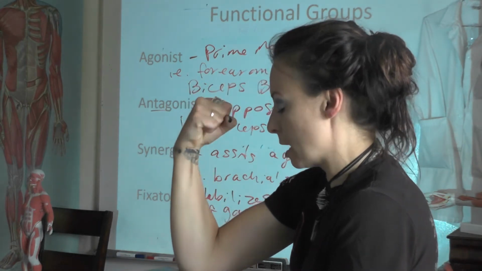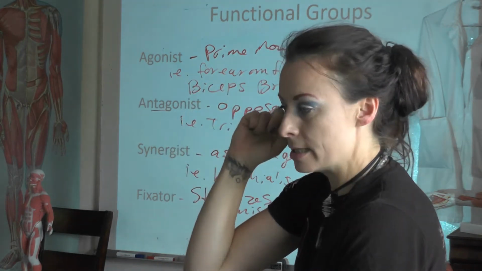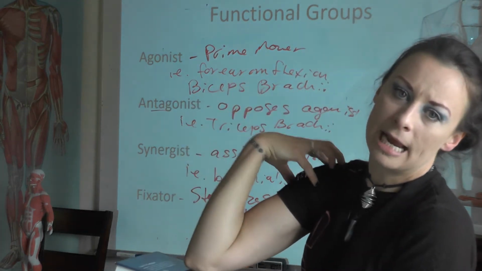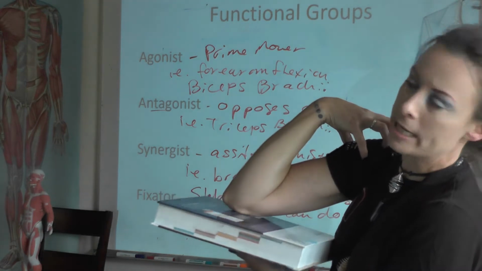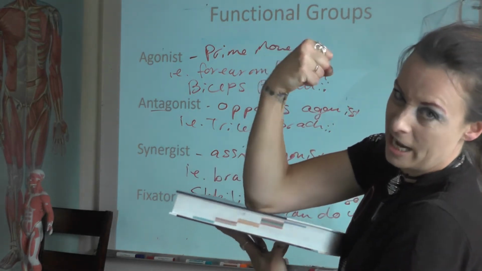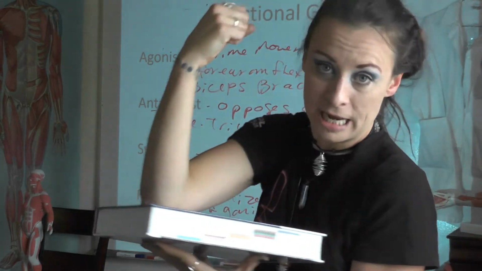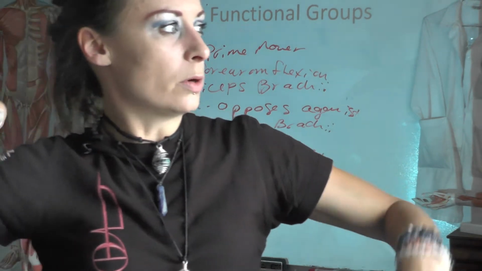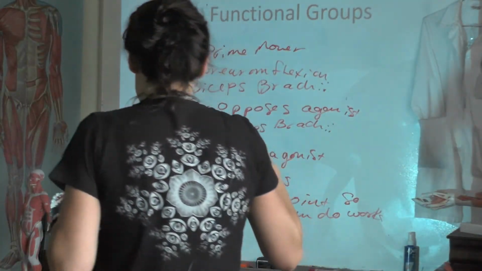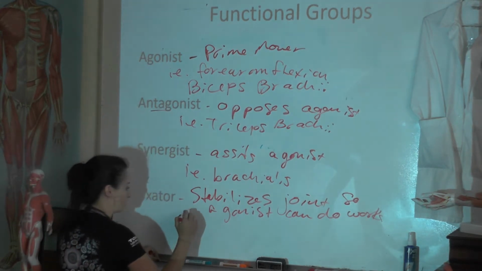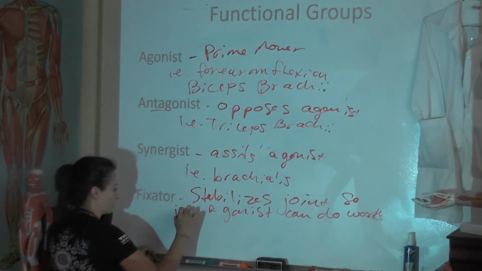And brachialis is helping and assisting. And deltoid is helping and assisting because it's stabilizing the glenohumeral joint up here while we are doing all of this fighting in forearm flexion down here. So, yeah. Deltoid is a fixator for this movement, so it's going to fixate or stabilize the glenohumeral joint.